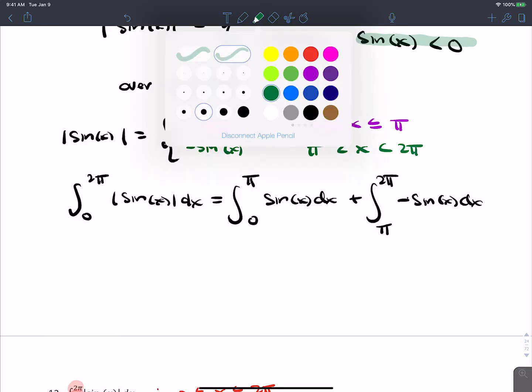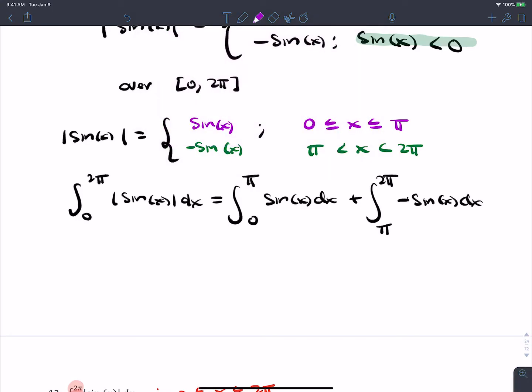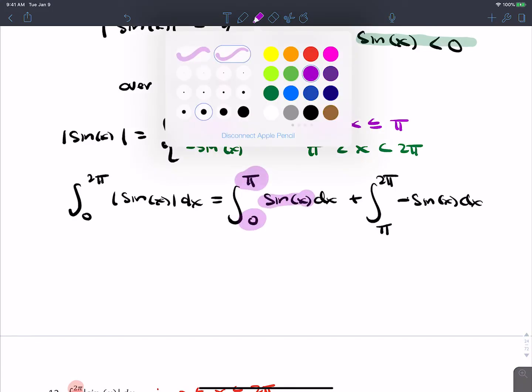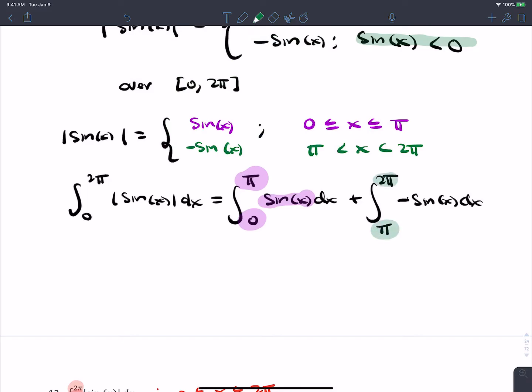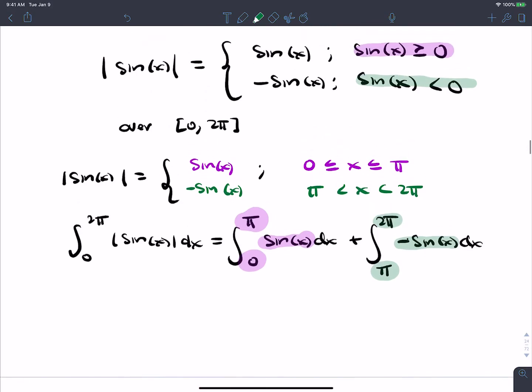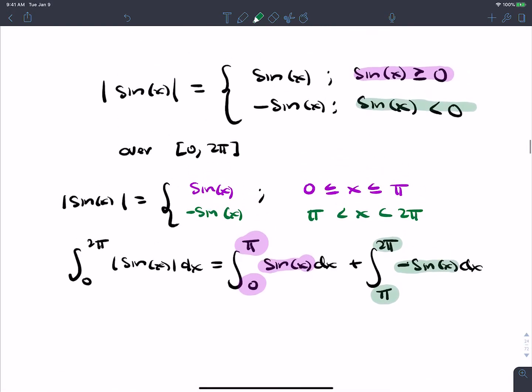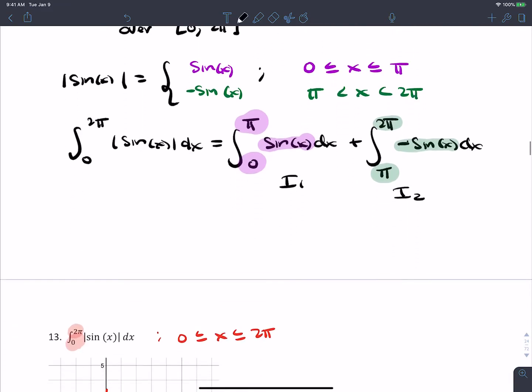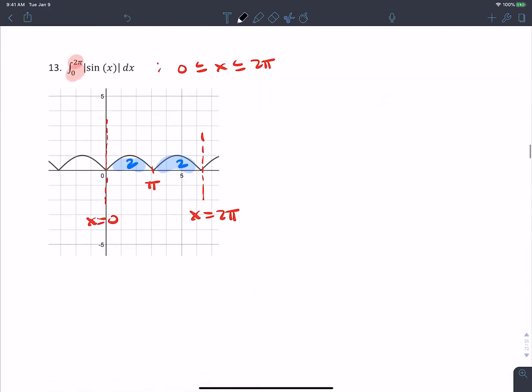Because, let's color coordinate this stuff. 0 to pi, there's the function. But from pi to 2 pi, here's my function. Okay? All right. So we can think of this as our first integral, and this is our what? Second integral.